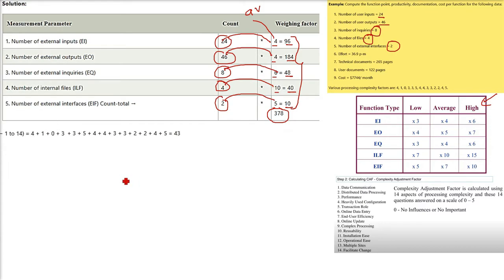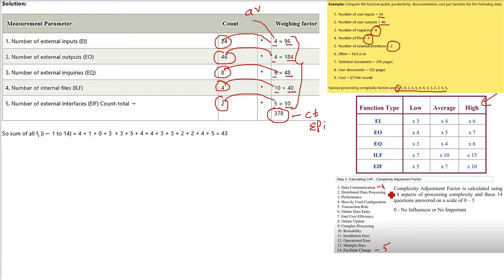Now we need to find sigma Fi also. The count total is known. How do we know sigma Fi? Because the values are already given. We don't have to assign numbers from 1 to 14. Otherwise we would have given 0 to 5 ordinal values to each of these 14 factors and then added them.